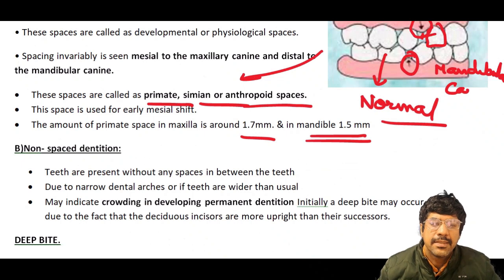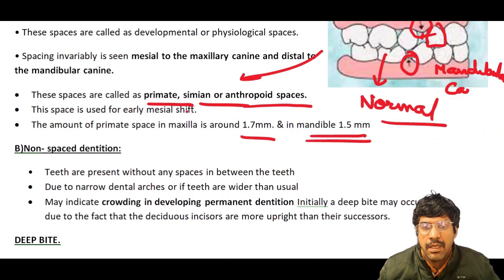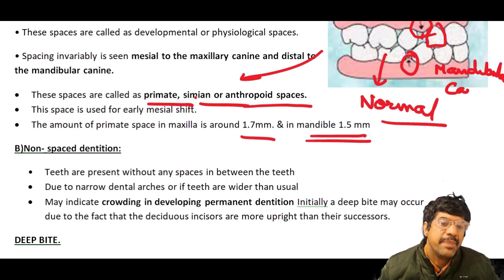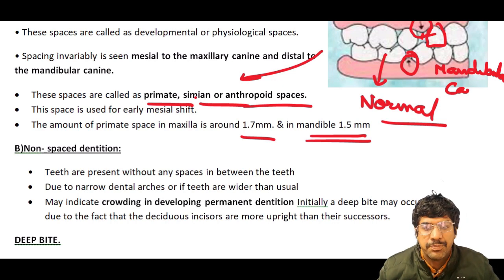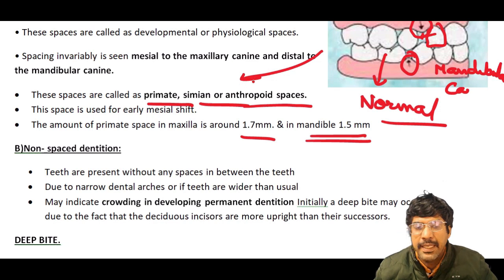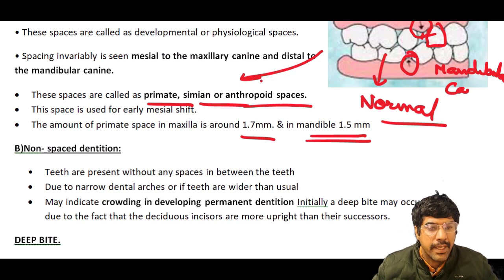Now, when the dental arches are narrow, there might not be enough space for the primary teeth. That results in teeth coming into close proximity to each other without showing any natural contact.